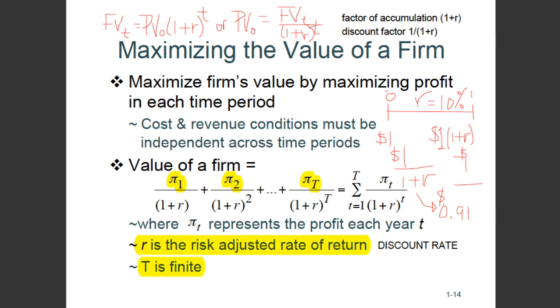So let me repeat that. I know I'm getting $1 in the future. What is that worth to me today? If I know I'm getting $1 in the future, I could act now. I could borrow 91, because markets are available to me with R, 10%, I could borrow 91 cents for every $1 I'm planning on getting.